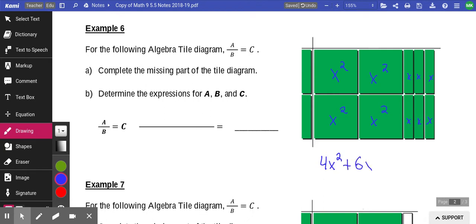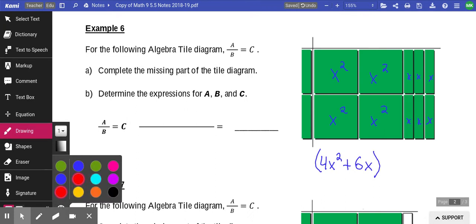The inside actually represents 4x squared plus 6x. We put that in brackets. And we divide by one side they gave us, which was x, so 2x. That's what this represents. So in the brackets, that's the whole thing.